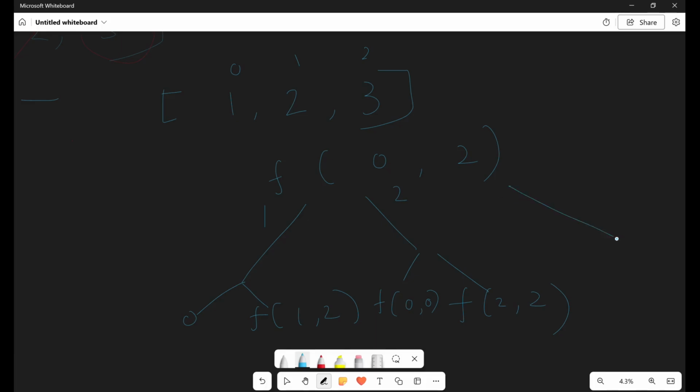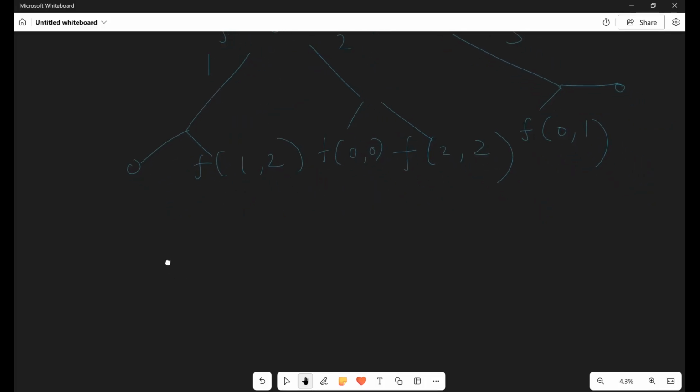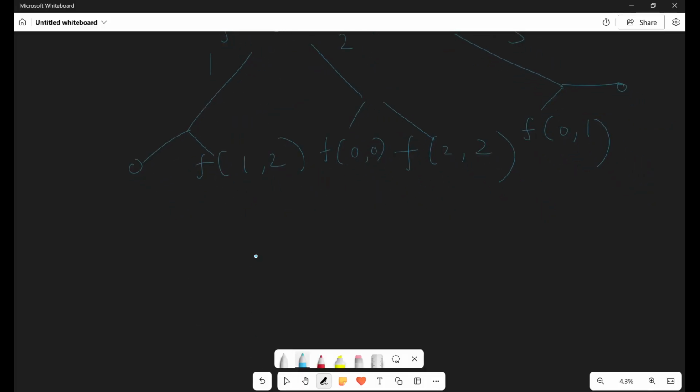Now let's say we burst the third balloon last, you would get one out of bound state and one f of 0 comma 1 state. Now let's go a step deeper. Now if we burst the first balloon from here last, we would get one out of bound state and one f of 2 comma 2 state.